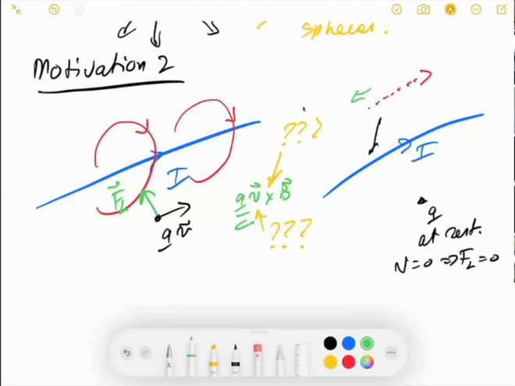And the difference in speed between the V plus and V minus is not the same.